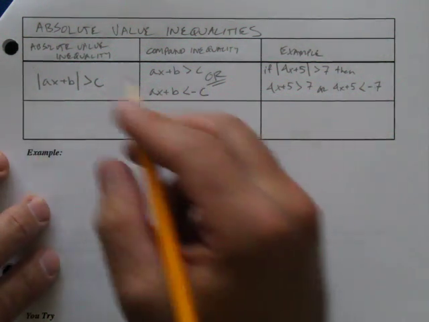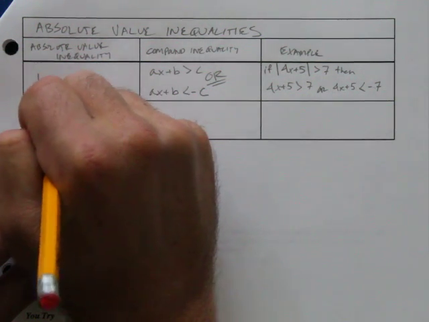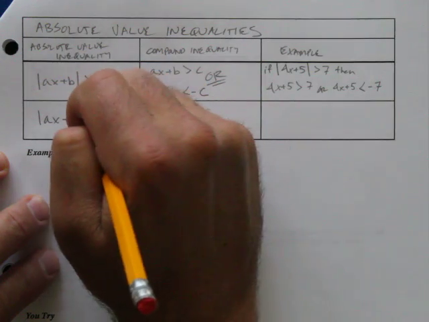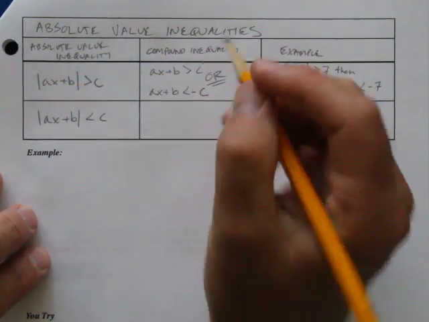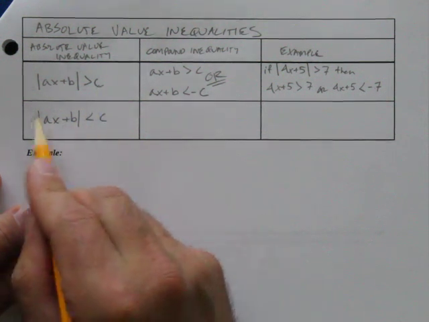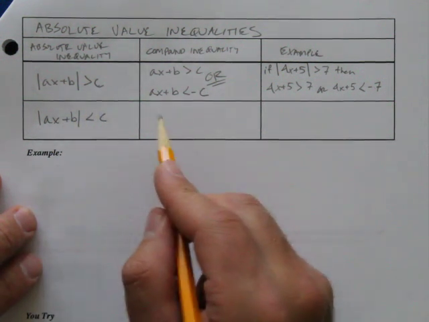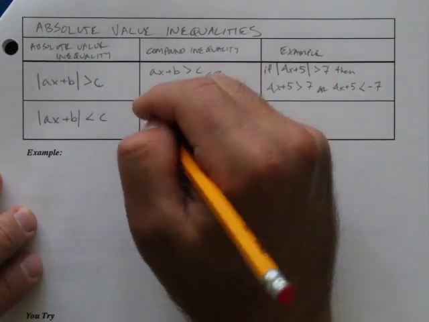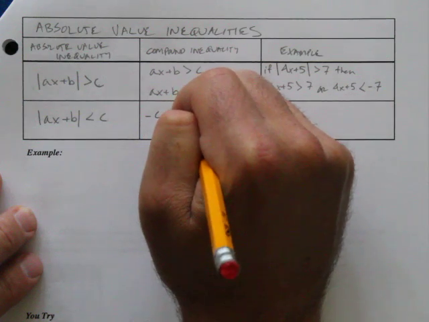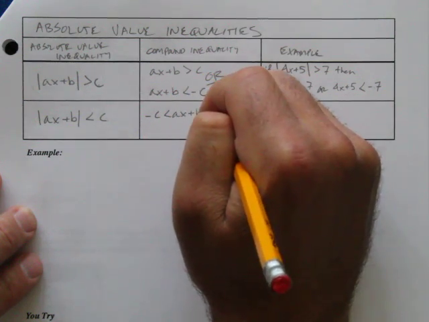Okay, let's look at this. The absolute value of ax plus b is less than c. So notice how this is the absolute value is greater than c. This is the absolute value is less than c. So in this case, I can say negative c is less than ax plus b is less than c.